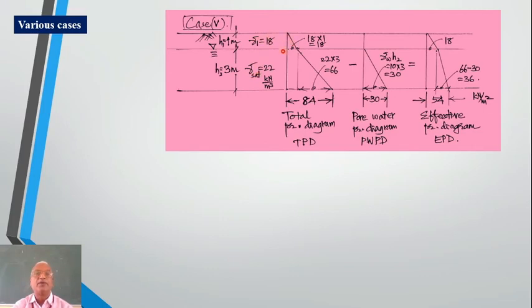So at a depth of 1 meter, obviously it will be 18 into 1, right? This continues, and below that it continues with a rate of 22 for a depth of 3. So this additional is 22 into 3, that is 66. So 66 plus 18, that will be 84 kilonewton per meter square, the total pressure at this level, and this pressure diagram is known as the total pressure diagram, which shows the variation of the pressure as the depth increases.